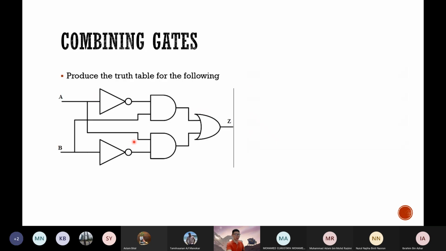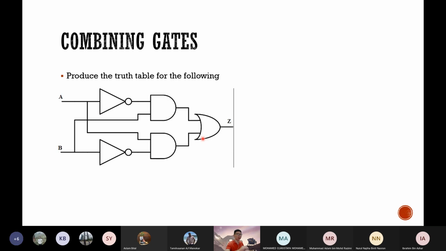We also did some exercises on a combination of gates. This is a small system that I was talking about just now. Using a truth table, a timing diagram, or a Boolean expression, we can describe the workings of this small system. It's a very simple system with only 5 gates.